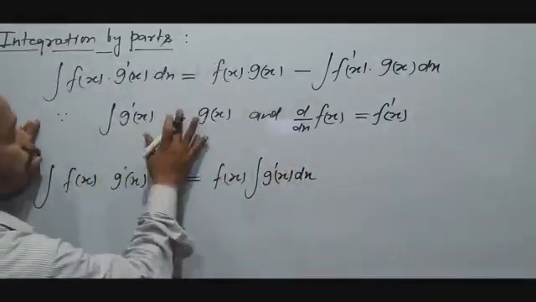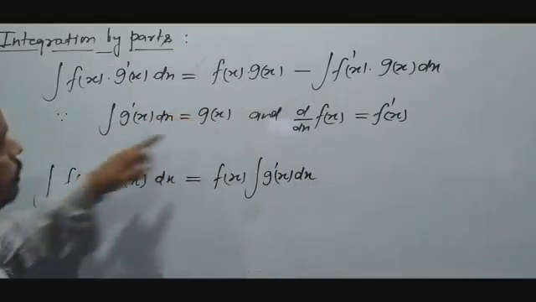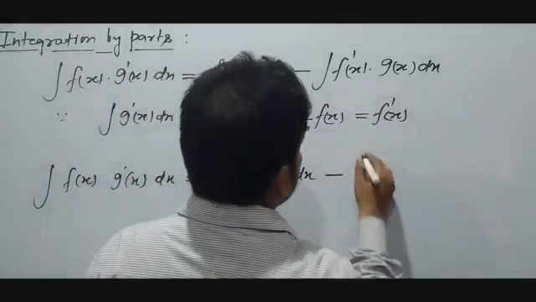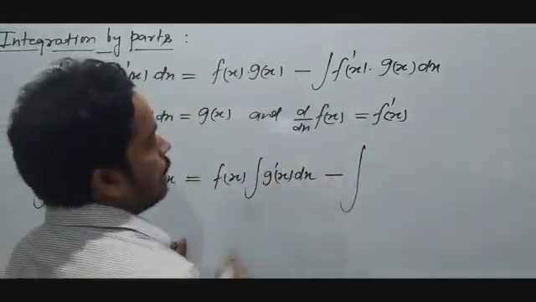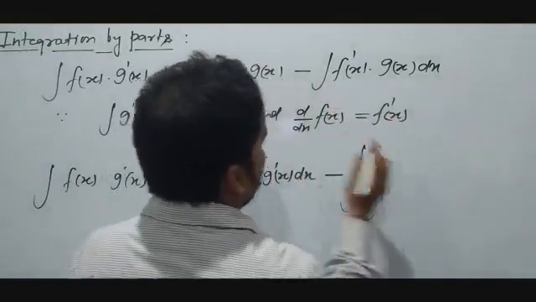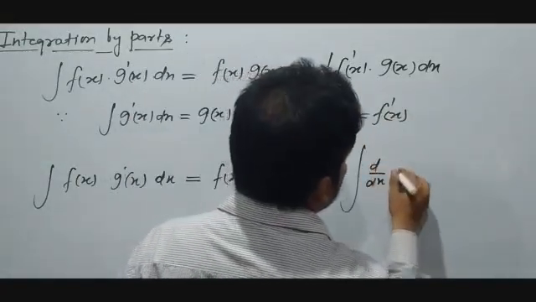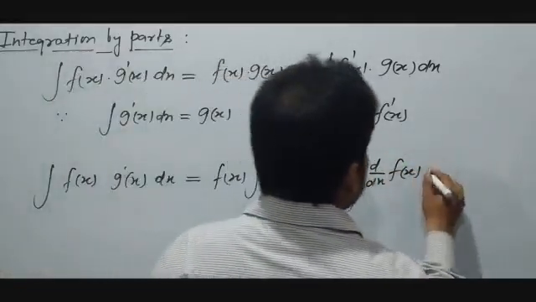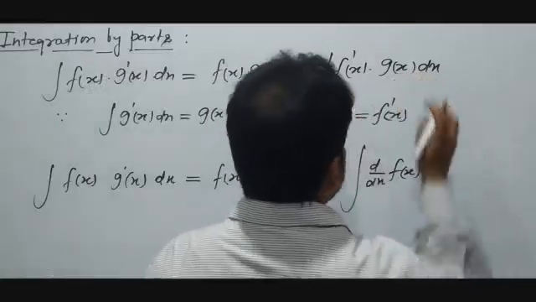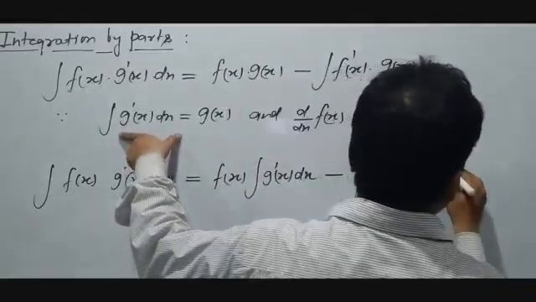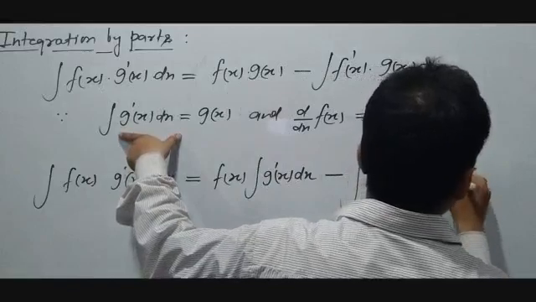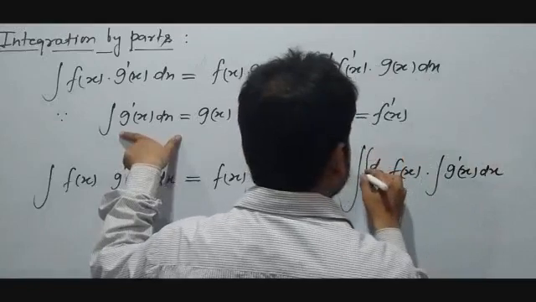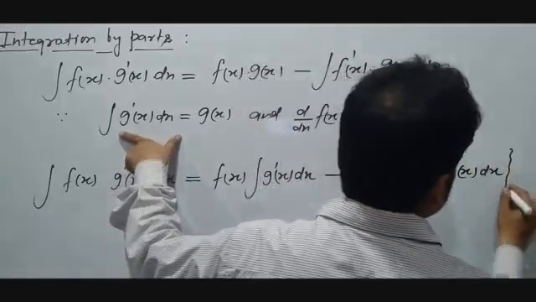We have written here that the g(x) value is the integration of g dash x dx, minus the integration of, as it is, f dash x, which is the value of d by dx of f(x), into the integration of g dash x dx, curly bracket closed.